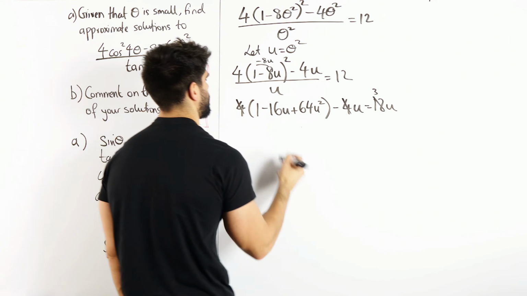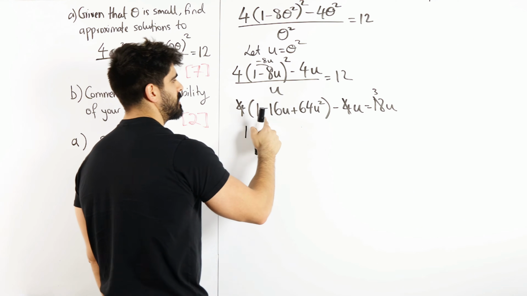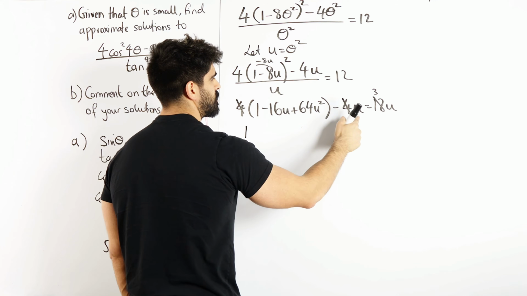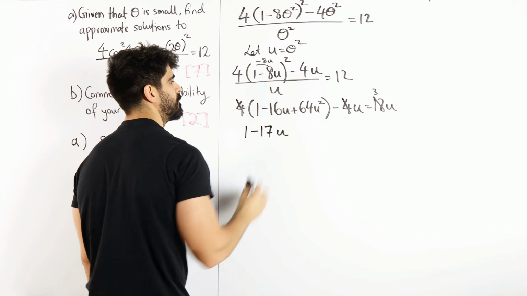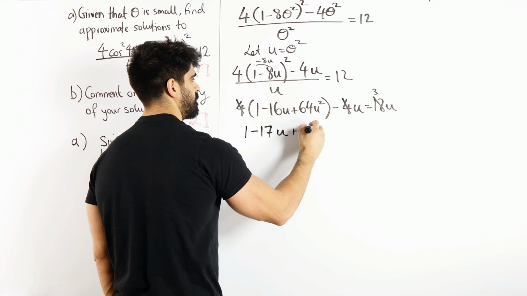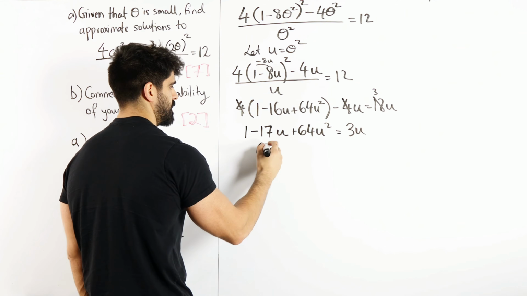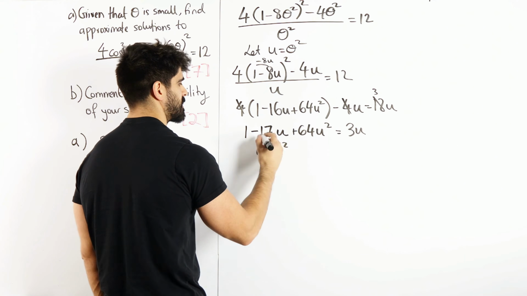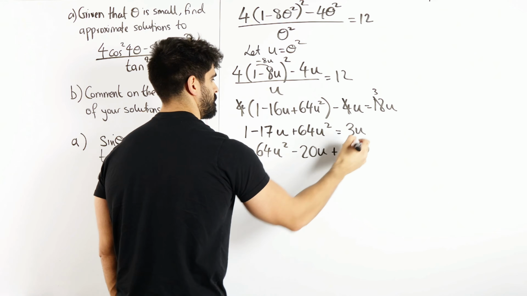So 3. So we have 1 minus 16u minus u is minus 17u plus 64u squared is 3u. So we get 64u squared. When you minus that, you get minus 20u plus 1 is 0.